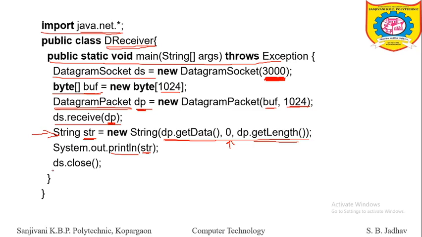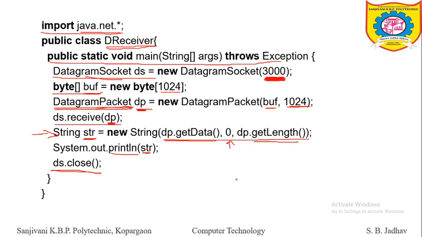And then do not forget to close the datagram socket, and this is how we can send and receive a message by using UDP communication by using the datagram socket class and the datagram packet class.